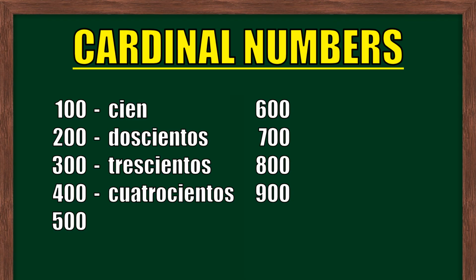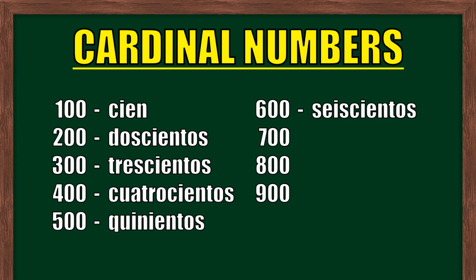Now, 500 is irregular. You don't say cincocientos. No, you say quinientos. 500, quinientos. 600, seiscientos. 700 is also irregular. You don't say sietecientos. You say setecientos.